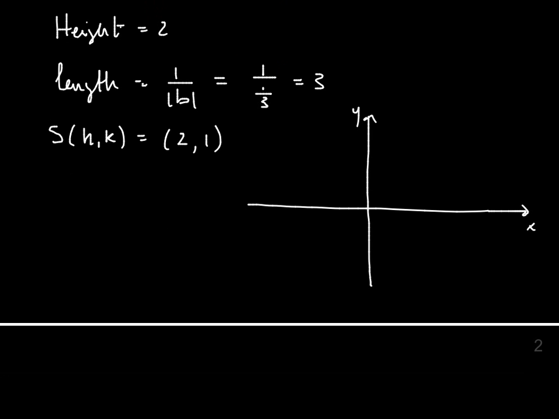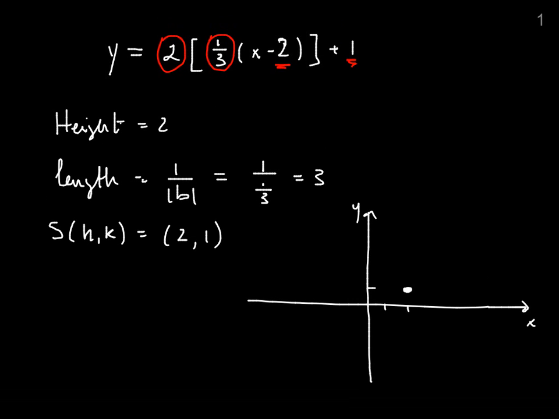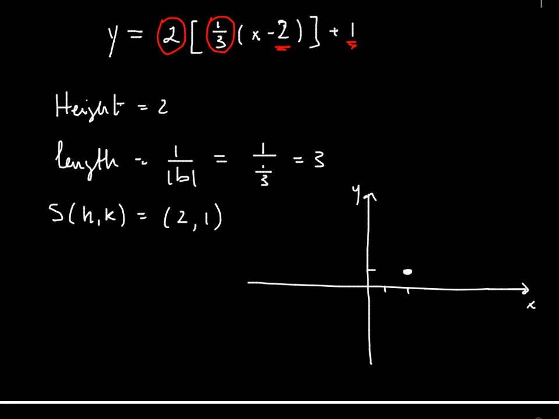So I put my point at (2, 1). It's my solid dot. My b is positive. If I go back to my function, I see that my b is positive, so it's going to be solid, open, solid, open, solid, open. Also the step length is 3, so starting at 2, 3, 4, 5, ending at 5 is my open circle.